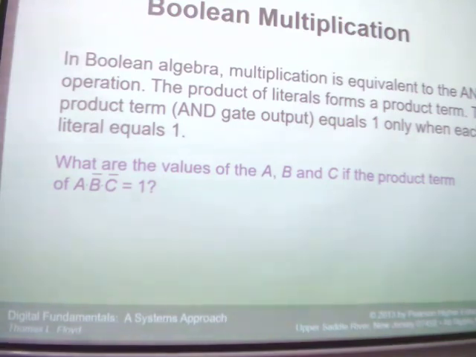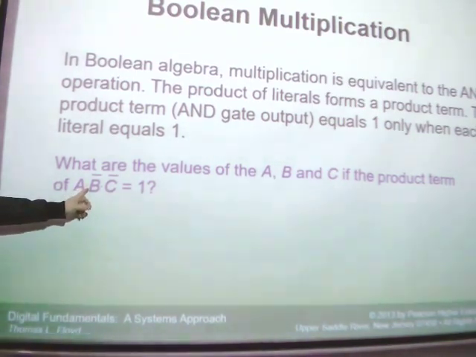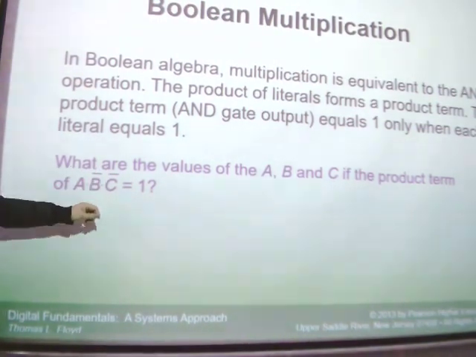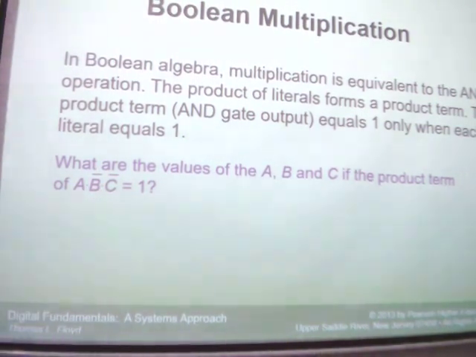If the product term of A, B overbar, and C overbar equals 1, what is the value of A, B, C? A equals 1, B equals 0, C equals 0. Yes, very good.